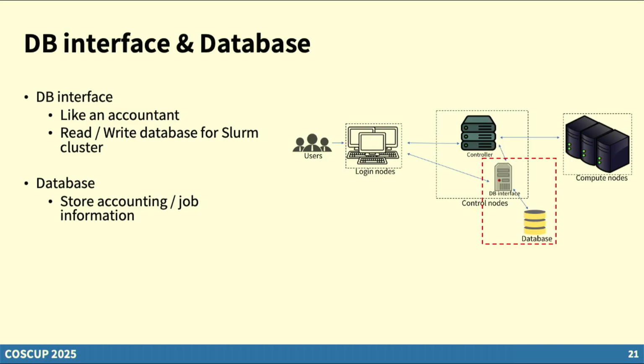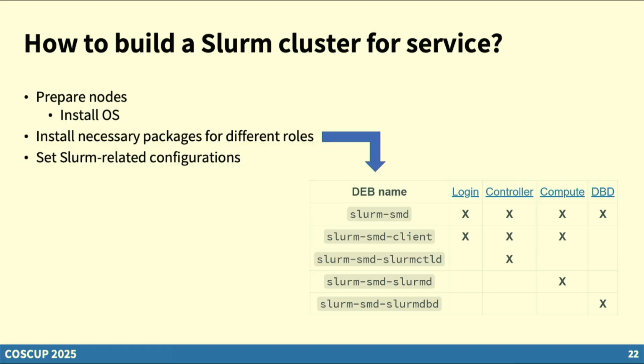It will write things about jobs and accounting, like user info, user limits, and job info like how many jobs are executed and how many resources each job used. So now you know the 4 kinds of roles.